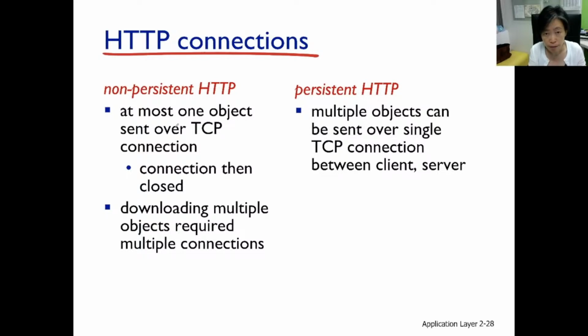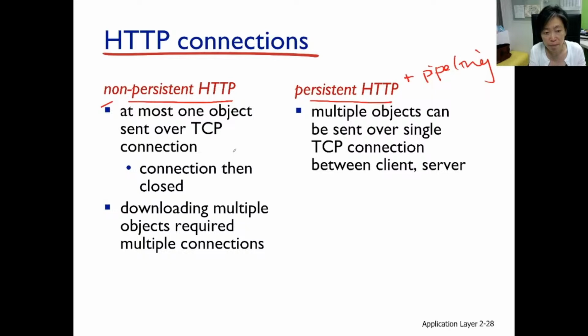HTTP connections. There are actually 3 flavors of HTTP connections: non-persistent HTTP, persistent HTTP, and third, persistent HTTP plus pipelining. All right, so let's start from the most basic, the oldest flavor, non-persistent HTTP. This is implemented in the pioneer versions of HTTP.